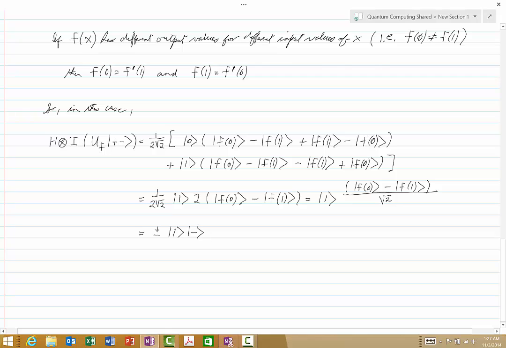So if f of 0 is 0, and f of 1, therefore, is equal to 1, then this would be 0 minus 1 over square root of 2, which would be minus. So in that case, we would take the plus sign. And on the other hand, if f of 0 is 1, then that would mean f of 1 has to be 0. So we have 1 minus 0 over square root of 2. In that case, we would have minus 1 minus.